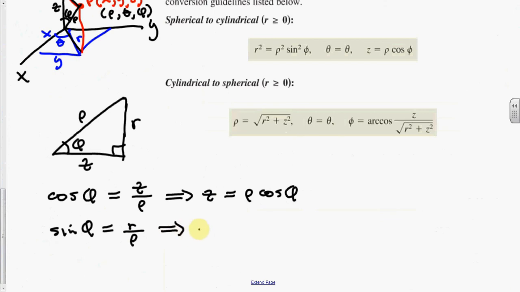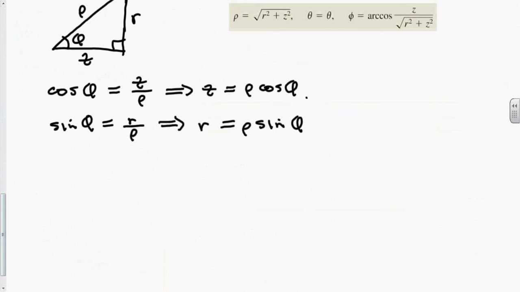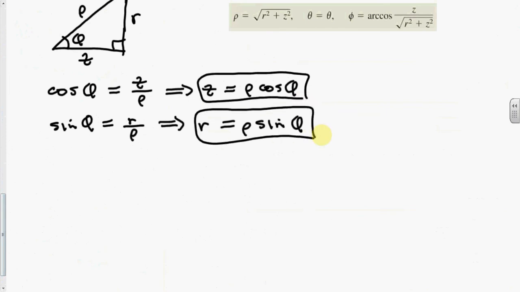That implies here that r is equal to rho sine phi. This is important. And for the tangent of phi, this is here, the r over z.